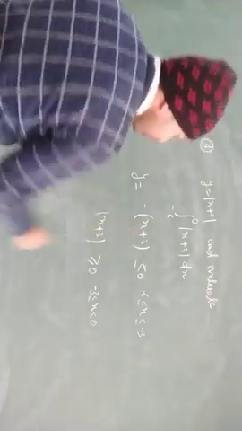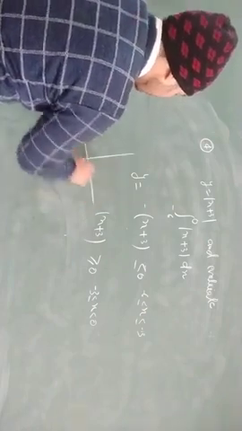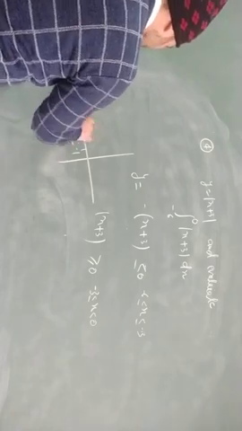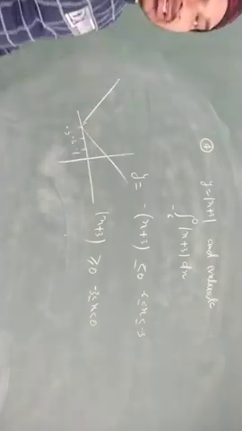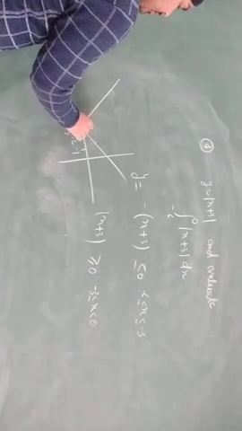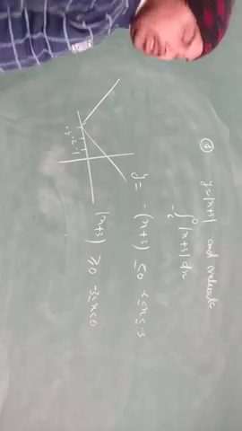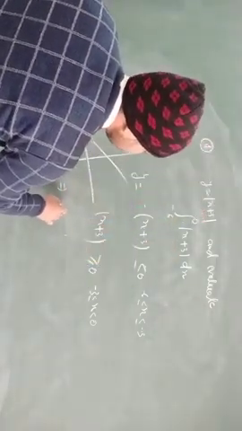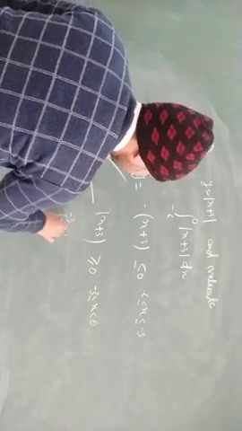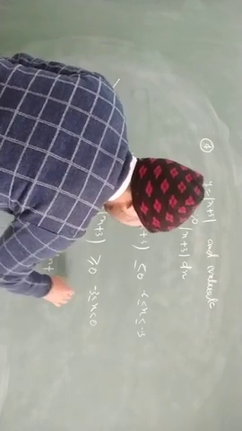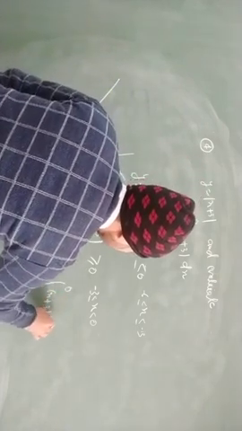If we want to trace the graph of this function, it can be presented like this: minus 1, minus 2, minus 3. So a modulus function of this type can be presented like this, with the origin shifted to minus 3. And the evaluation of this integral can be written as: minus 6 to minus 3 of minus of x plus 3 dx, plus minus 3 to 0 of x plus 3 dx.